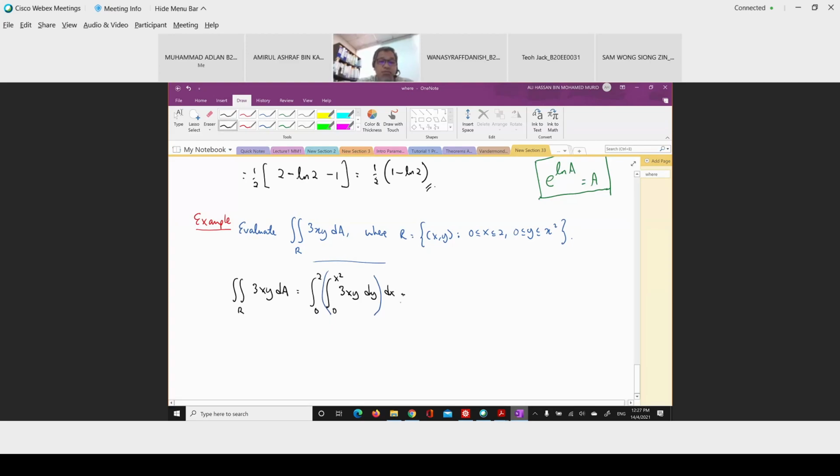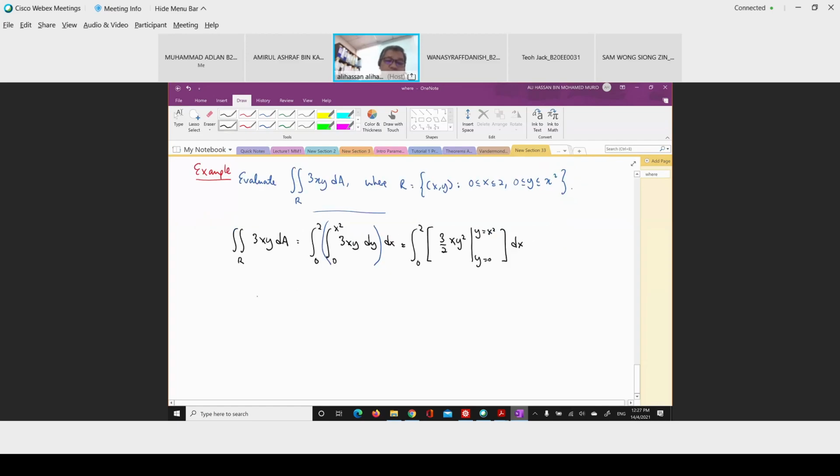What is the integral of 3xy with respect to y? 3/2 x y squared. Yes, that is correct. So let's substitute the limits for y.